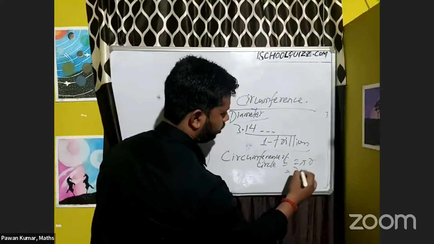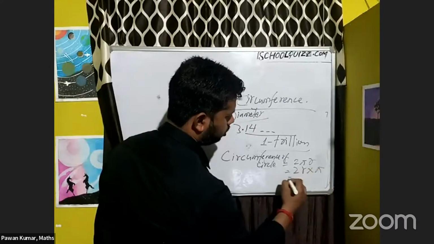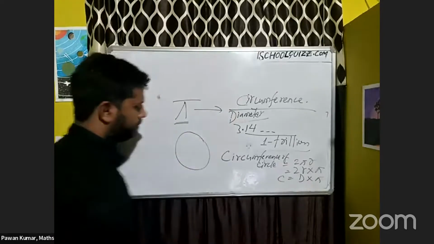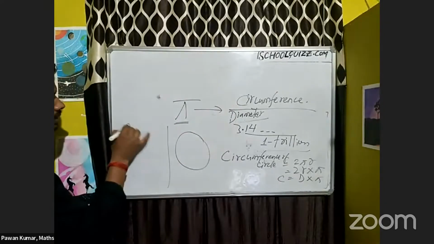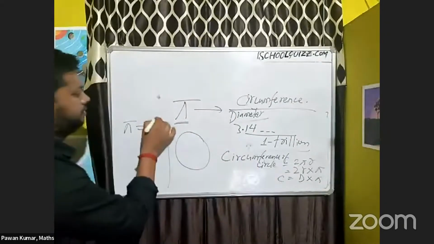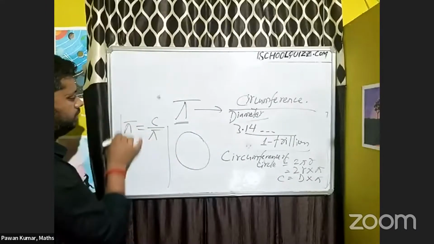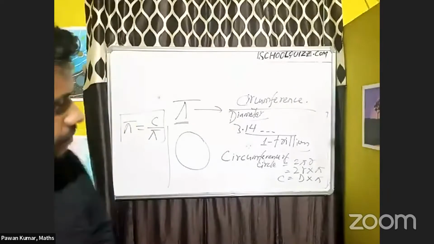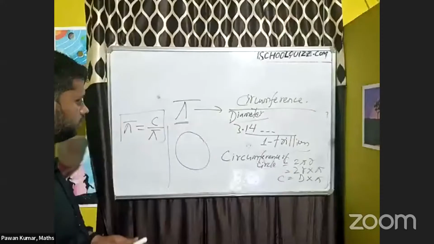So can I write 2r into pi? So 2r is nothing but d into pi. So can I write c? So pi is nothing but c by d, this d going to that side. This is the circumference. Correct? This is the pi value.